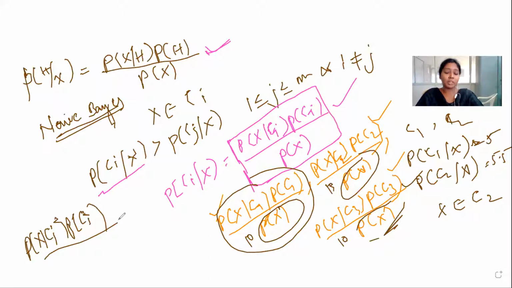That means we are assuming that P of x is constant, so we need not place it in the formula. So our ultimate goal is to calculate P of x by Ci, P of Ci for each and every class.